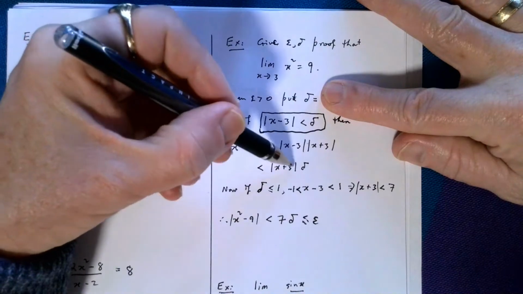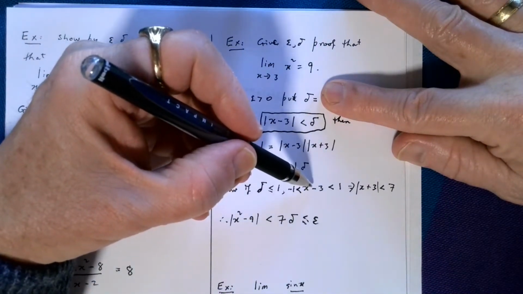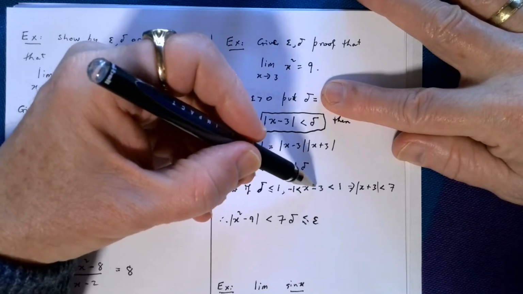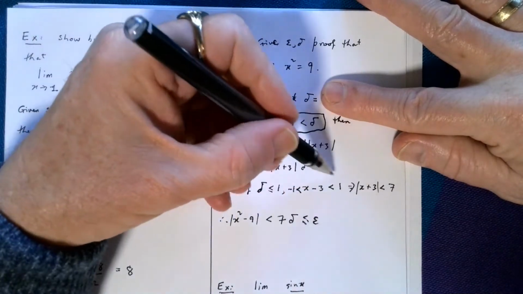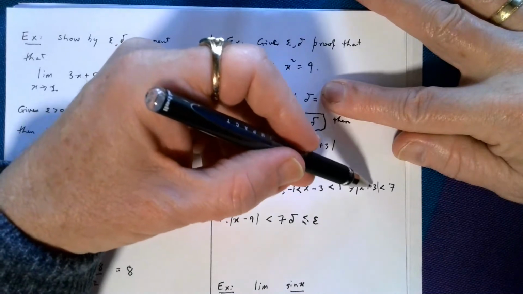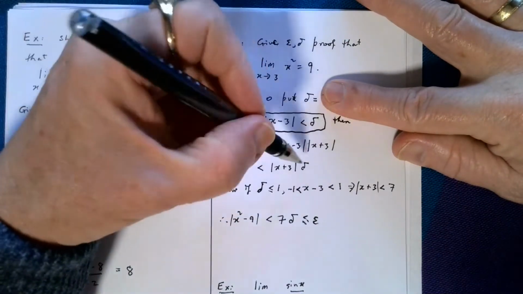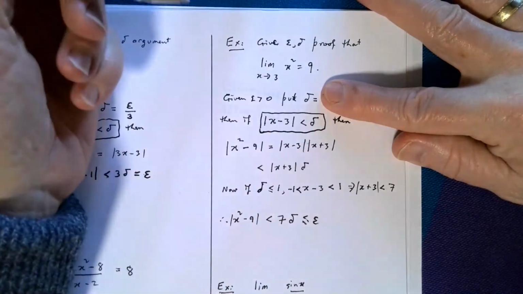So again, I want to know what x plus 3 is, so I'm going to add 6 to both sides of this. So if I add 6 to both sides, I get x plus 3 is less than, add 6 to this gives me 7. So the absolute value of x plus 3 is less than 7. That means I can get rid of this thing now and say this is less than 7.